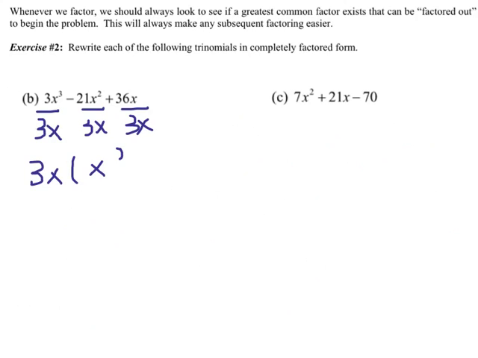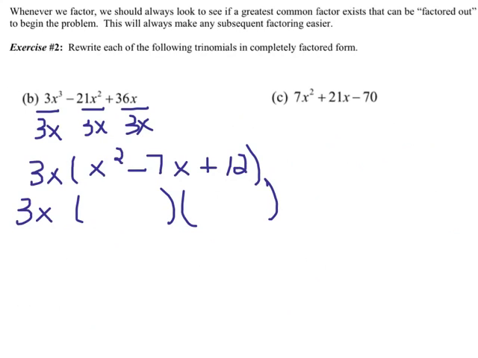I have an x squared minus 7x plus 12. Now I have to completely factor this, so I'm going to keep my 3x here. I'm going to write my parentheses down. So I have x and x. My first sign is going to come down. My second sign says these are going to stay the same.